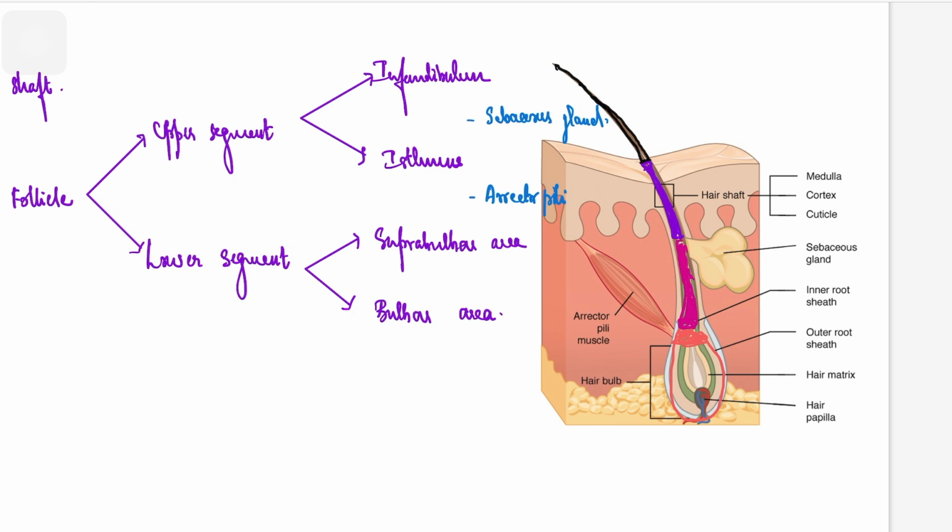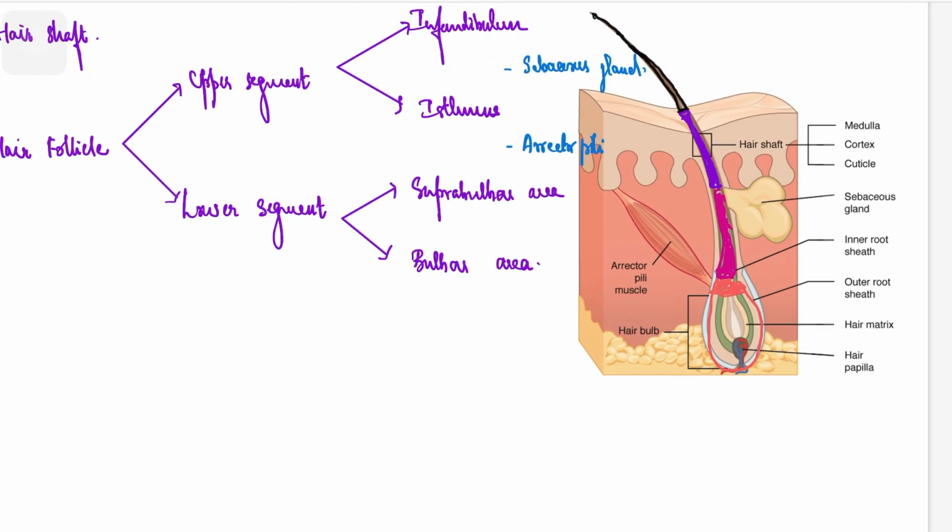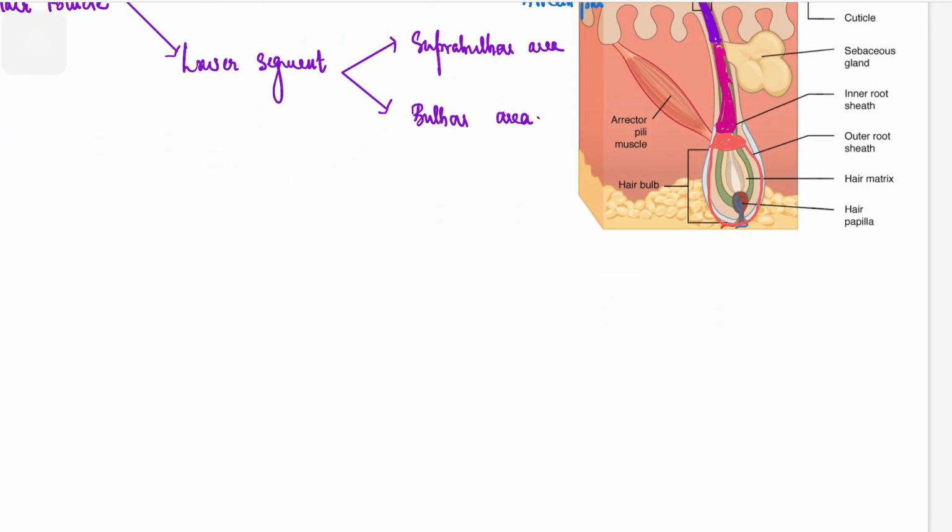If you take the cross section of the hair, that is the transverse section, you see the innermost layer is made up of the medulla. The next layer surrounding the medulla is the hair cortex, and surrounding the cortex you see a layer called the cuticle.